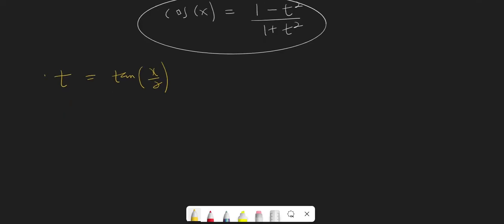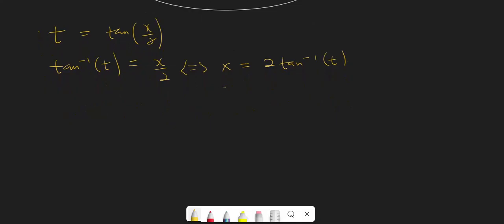So arctan of t is equal to x over 2. This means that x is equal to 2 tan inverse of t.